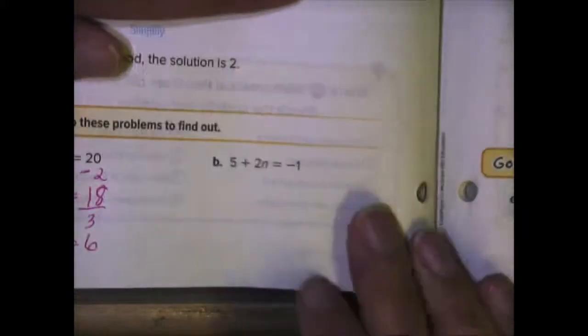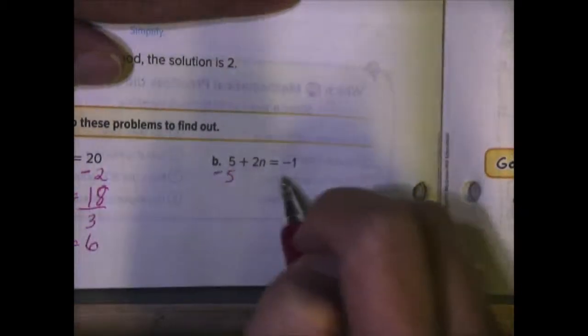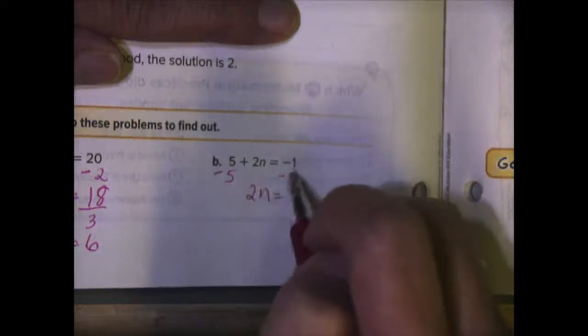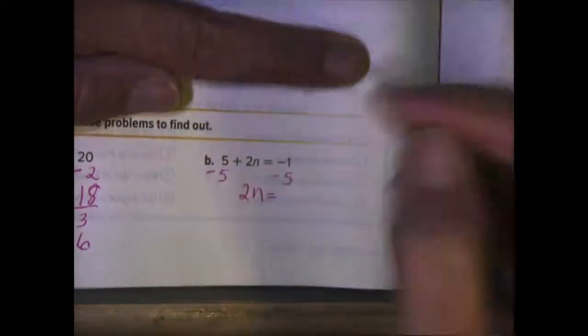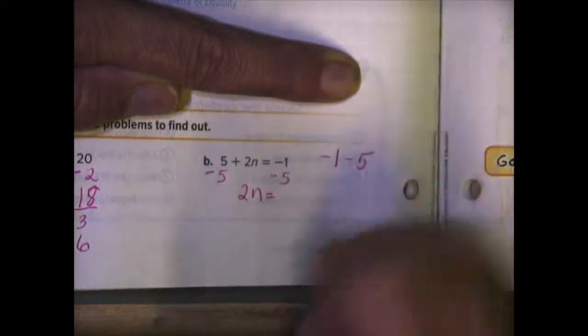On B, we have 5 plus 2n equals negative 1. In order to get the variable term alone, we have a positive 5, so we need to subtract 5 from both sides. We get 2n equals negative 1 minus 5. Now, if you're still having some problems with integers, put that over to the side. Negative 1 minus 5.